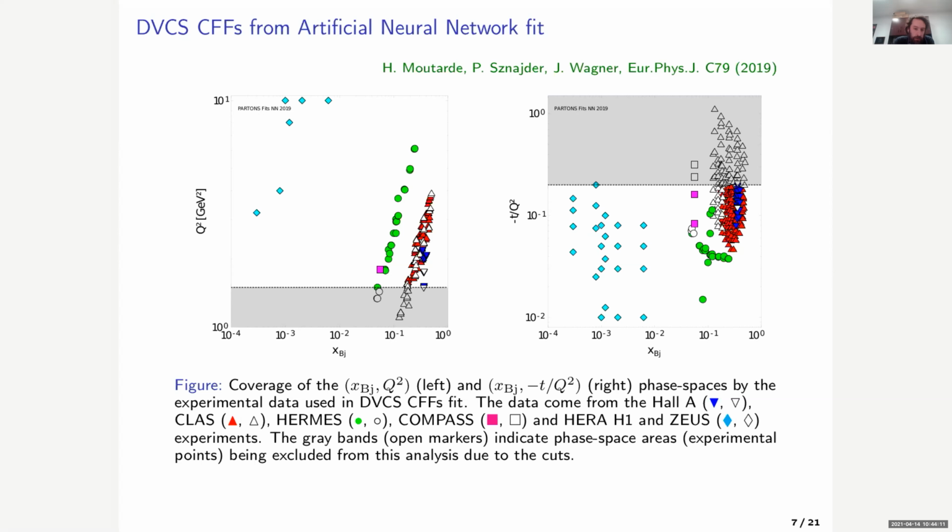They were fitted to all the existing DVCS data that you have depicted here. We have a scan over x and Q squared of all the data here, and the cuts that were used to ensure that we are in the regime of collinear factorization.